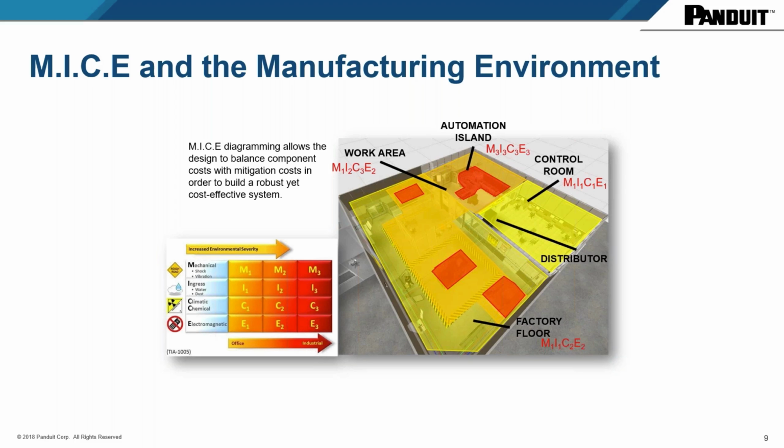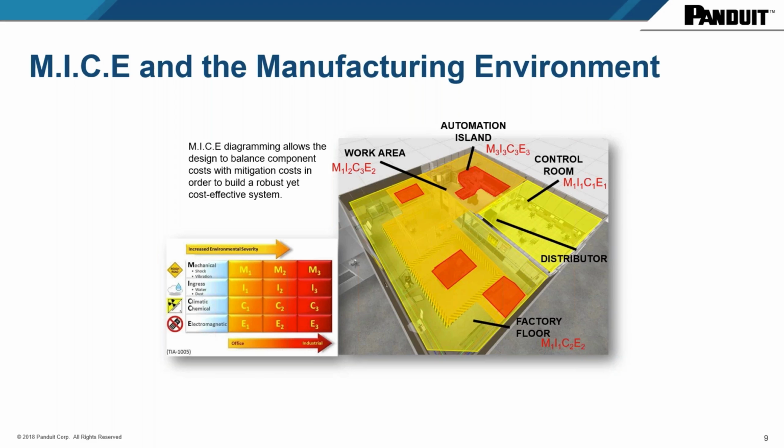So you see the severity of what type of cabling we need to deploy at any one of these points depends on what is the hazard that's present in that layout. So in the red areas, those are areas where you need to apply the maximum amount of severity type cabling. So you would choose the right cable that can withstand an M3, I3, C3, and E3, and you will pick up the right connection that can take those same extreme environments.